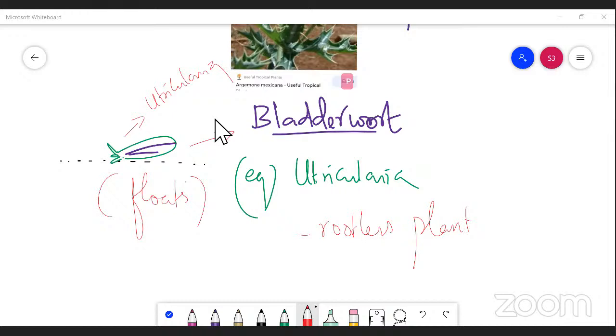Definitely here you can expect the question: which of the following is an example of bladderwort? If it is asked, please answer: Utricularia. We have discussed a number of plants, right? Very good, keep it up.